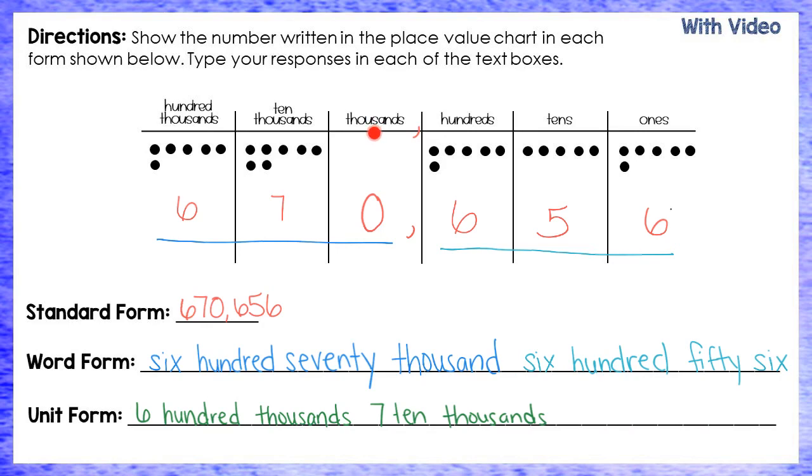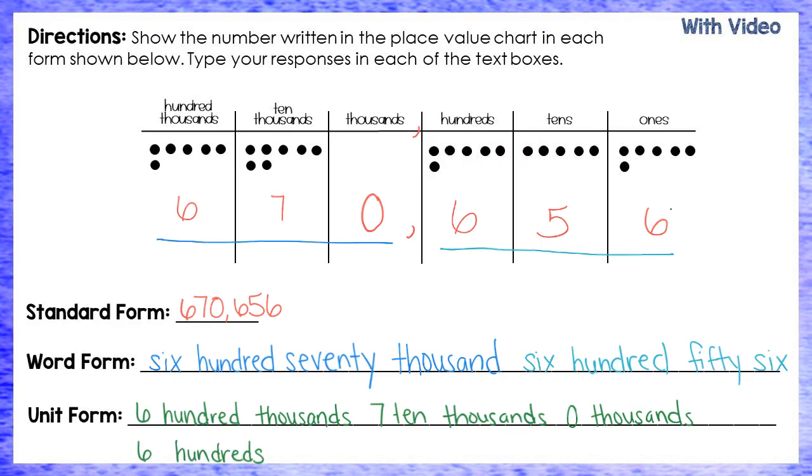In the thousands, there are 0. So we would say that as 0 thousands. And the next place is the hundreds. There are 6 hundreds. Just like when we used base 10 blocks, there were 6 hundreds flats. So we would say now there are 6 hundreds.